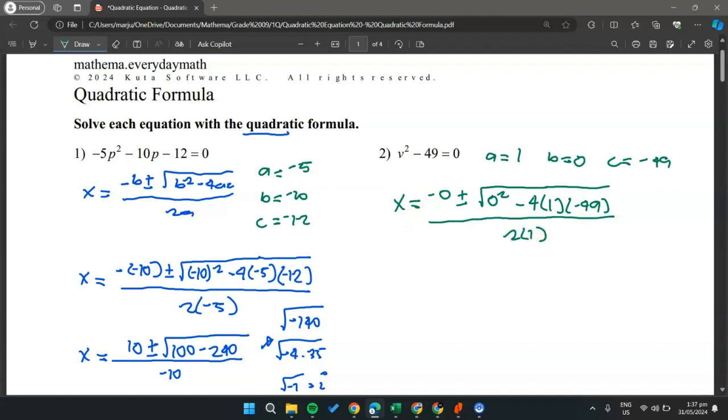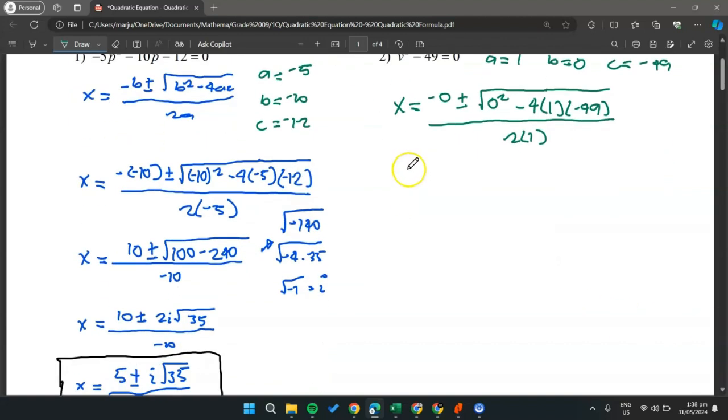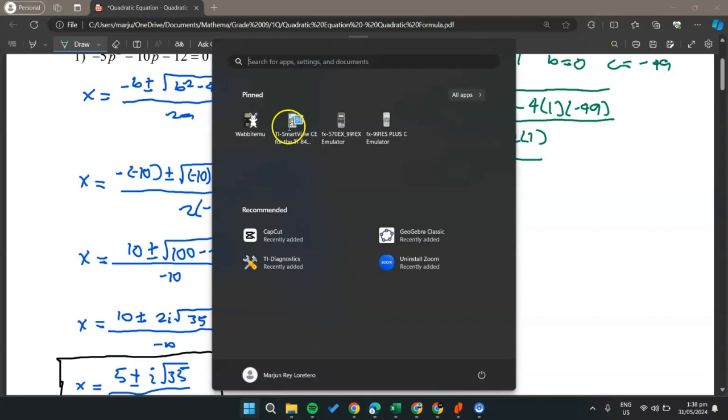And then we are going to simplify. So we will get x is equal to plus minus 0 is 0. And then we will do negative 4 times 1 is 4 times negative 49. Let me just grab the calculator.